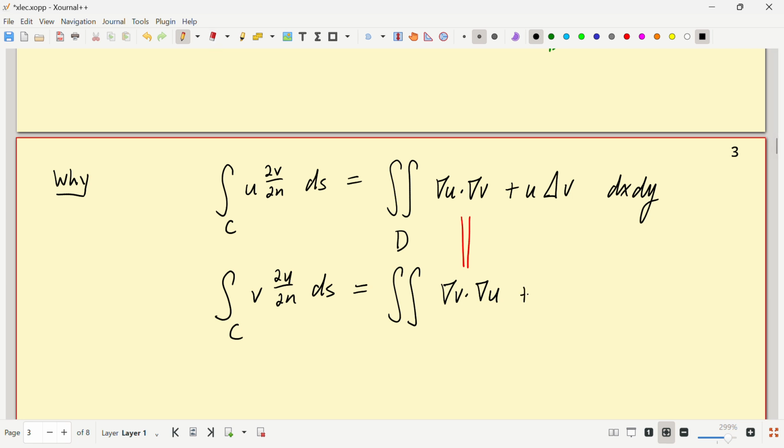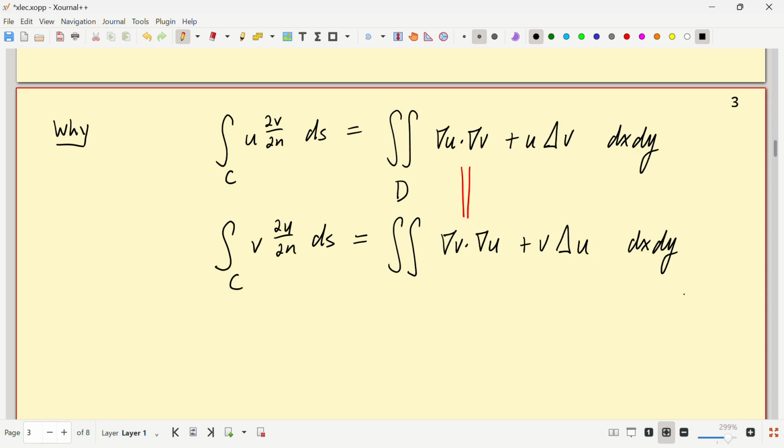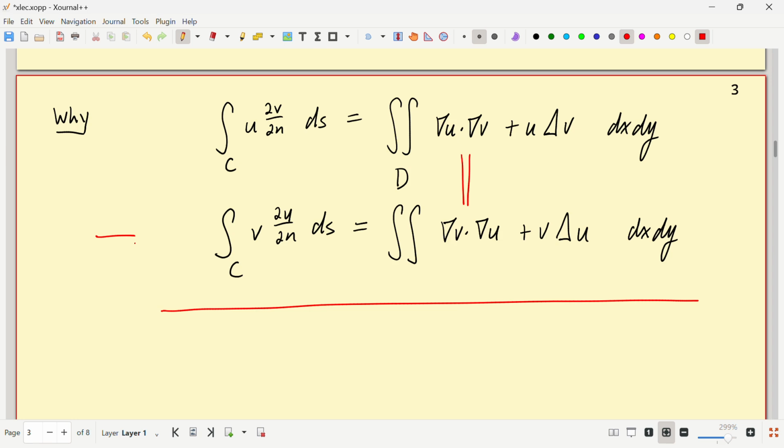And this one would be plus v Laplacian u dx dy. When I subtract those two, the gradient terms cancel each other, and that gives me the identity. So, check.